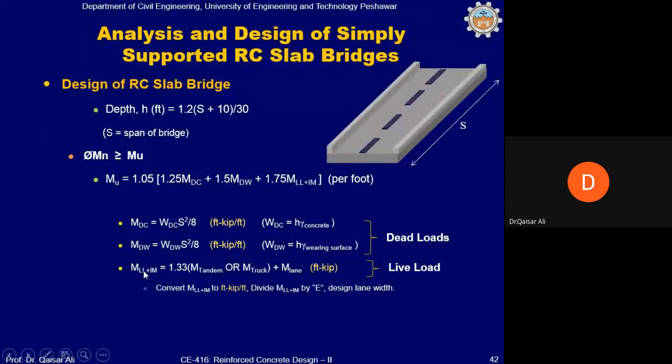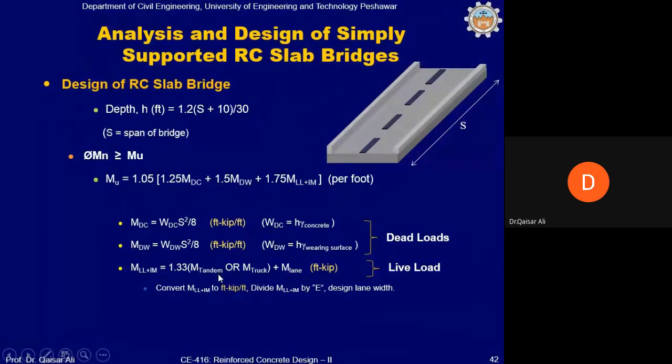MDW is WDW S squared divided by 8, and this is the wearing surface load and bending moment. And then MLL plus IM is the live load bending moment, where plus IM means including the impact factor. In order to include the effect of impact or vibration, the live loads calculated from the tandem or truck are further amplified by a factor of 1.33, or increased by 33%.